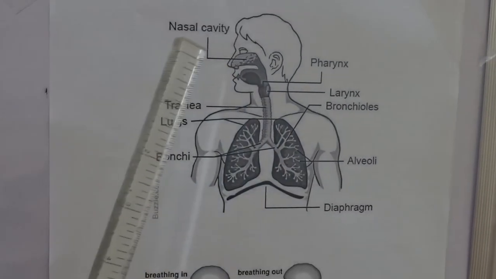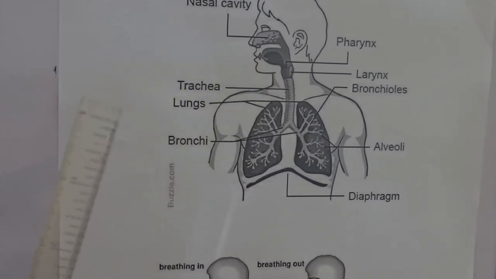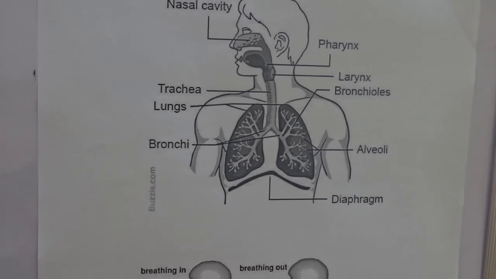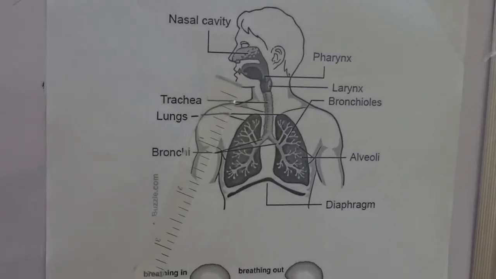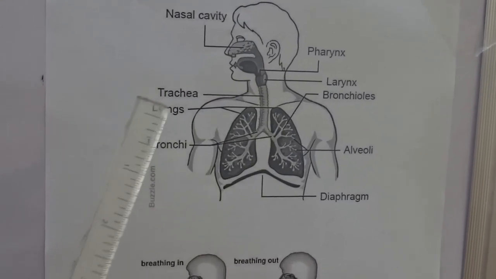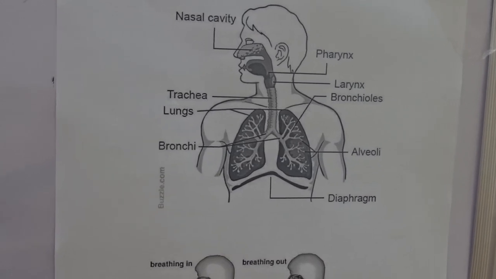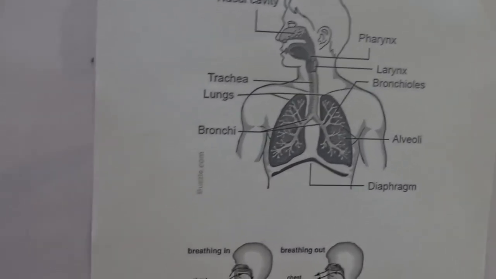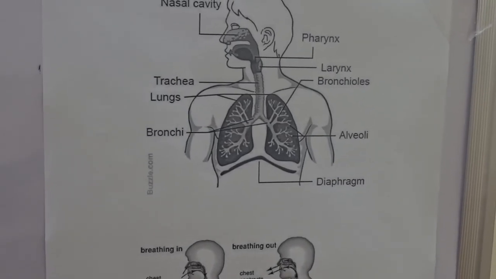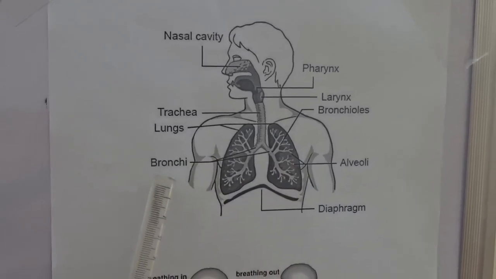Now this pharynx is continued as the larynx. The larynx has the epiglottis opening, the structure that separates the food pipe and wind pipe. Then it is continued as the trachea. The trachea is made of cartilage, which is tender and flexible, with flexible inverted C-shaped cartilaginous rings, and it branches into two, called bronchi.